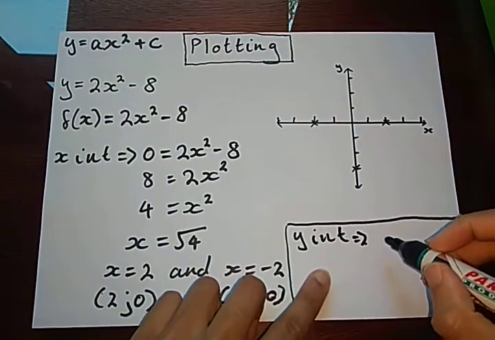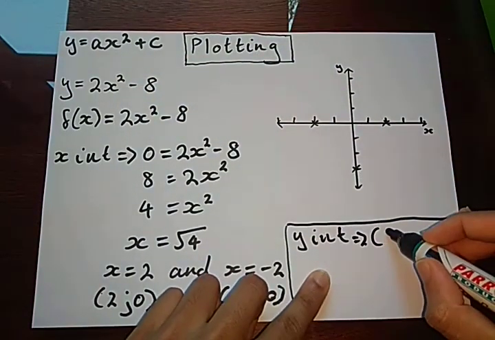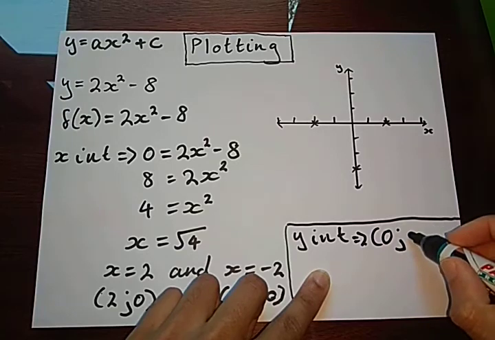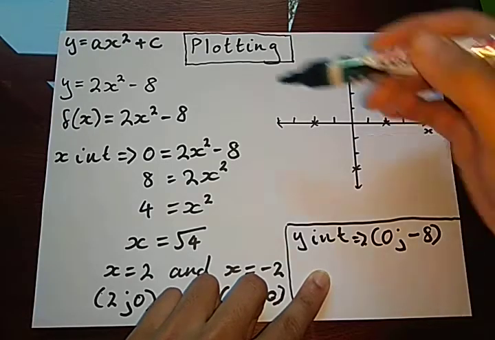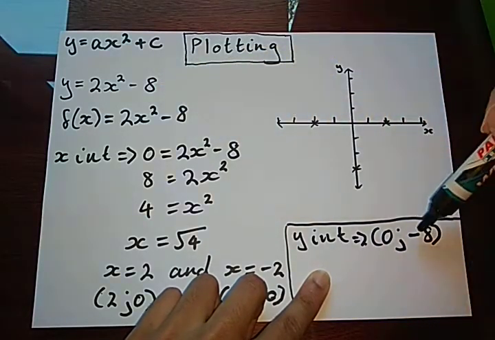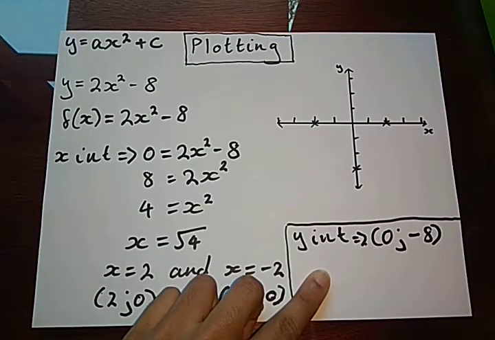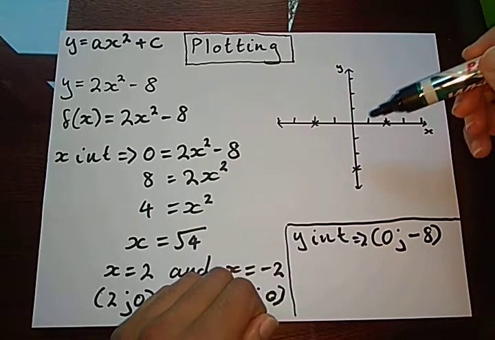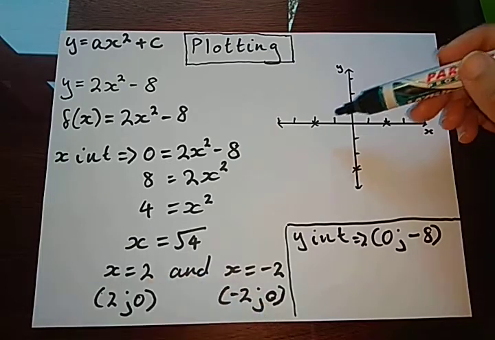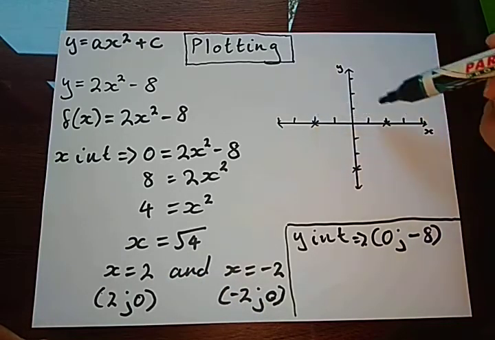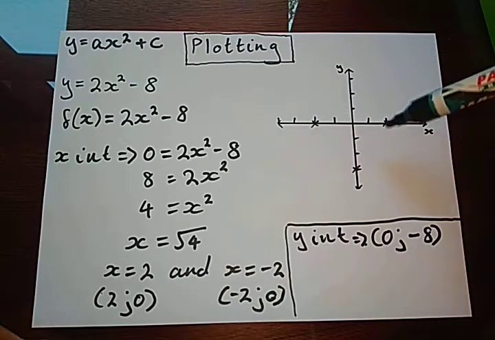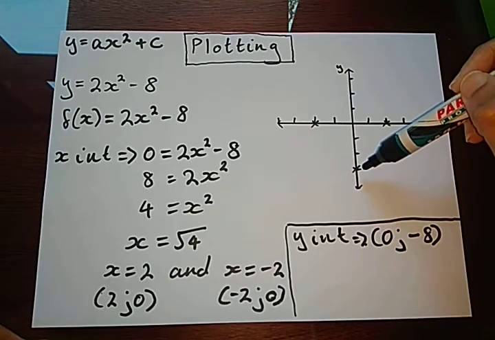So we're going to say that our y-intercept is that c value, which is negative 8, which also represents our turning point. So I'm going to go ahead and mark those on our Cartesian plane. That would be 2 and 0, negative 2 and 0, and 0 and negative 8.